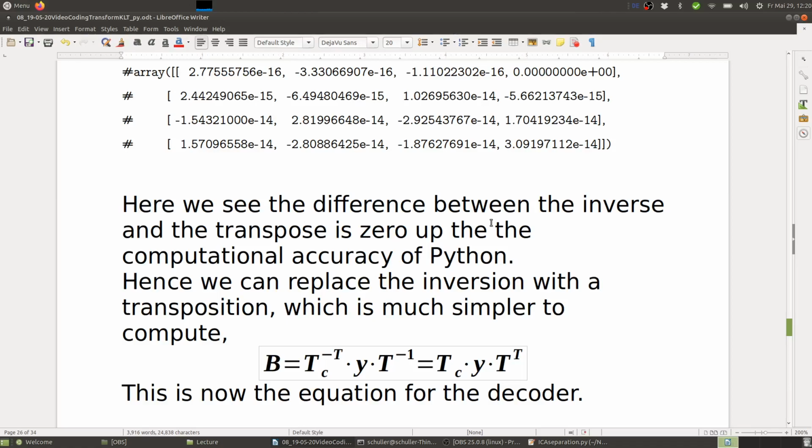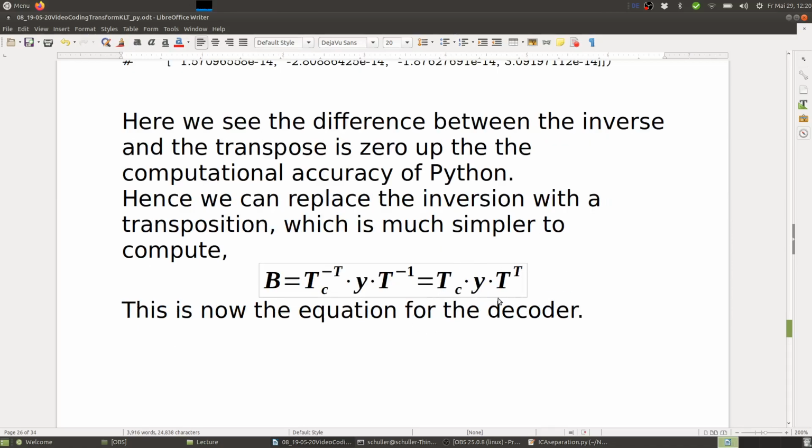The difference between the inverse and the transpose is 0 up to the computational accuracy of Python. Hence we can replace the inversion with a transposition, which is much simpler to compute. So in the decoder, this is what you would do. For instance, for the columns, the inverse and the transpose leave you with the matrix TC. For the rows, you would have the inverse, which leaves you with the transpose.